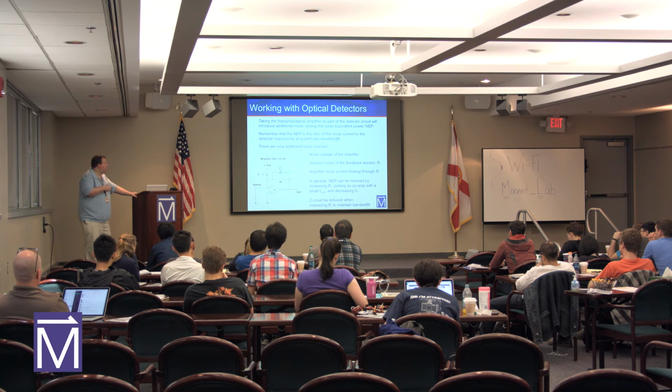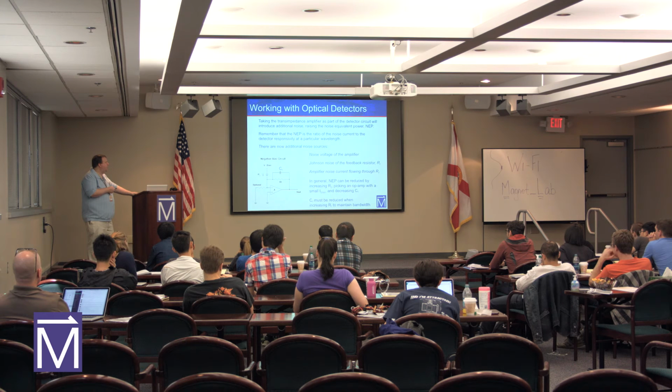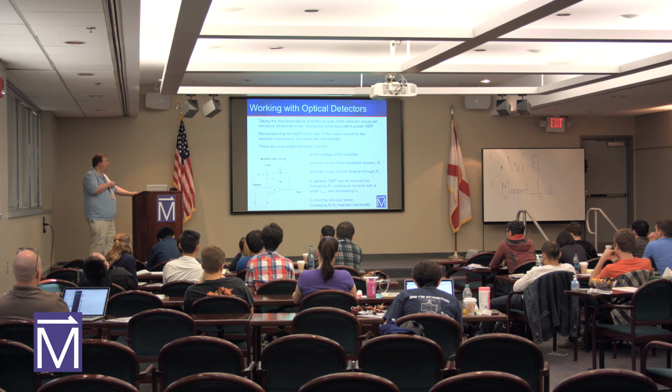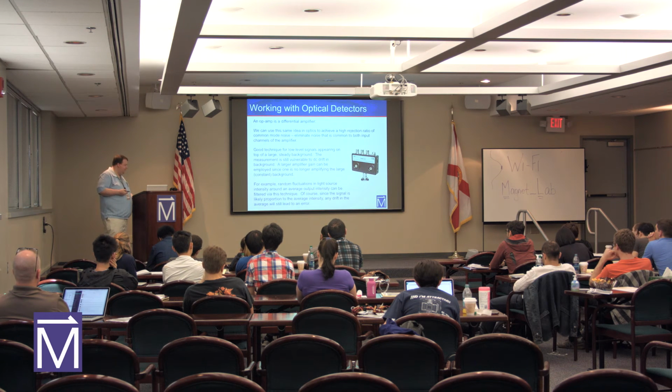So in this particular case, here's a very simplistic diagram of a typical amplifier circuit. You have your feedback resistor, and typically you have a feedback capacitor. This sets the RC filtering of the circuit. And CF, the feedback capacitor, must be reduced when increasing the feedback resistor in order to maintain the bandwidth.